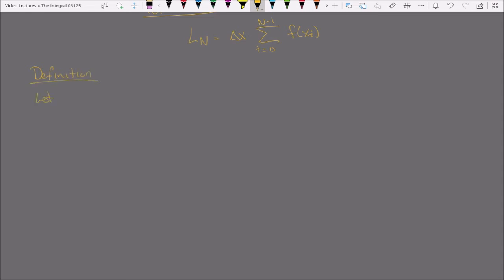Right. So we say let f of x be defined on a closed interval a to b, and let P be a regular partition of ab.